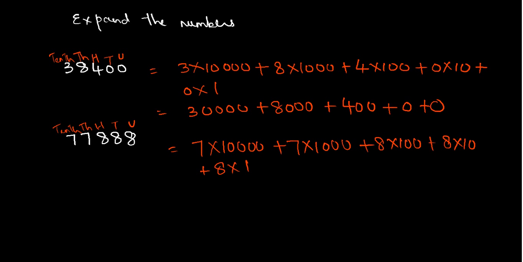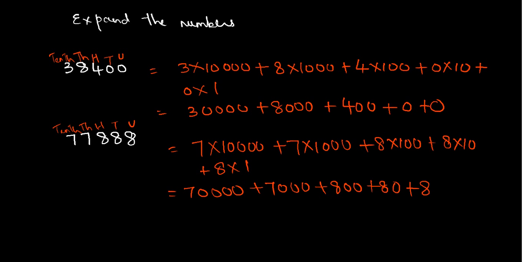This becomes 70,000 plus 7,000 plus 800 plus 80 plus 8. Okay, this is the expanded form of the numbers given in the textbook. Similarly, you can try for other numbers for your practice.